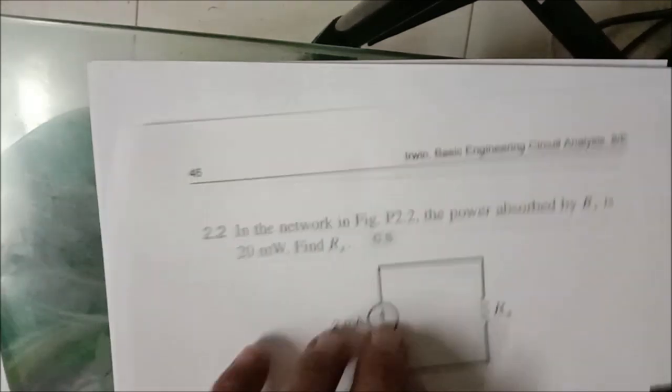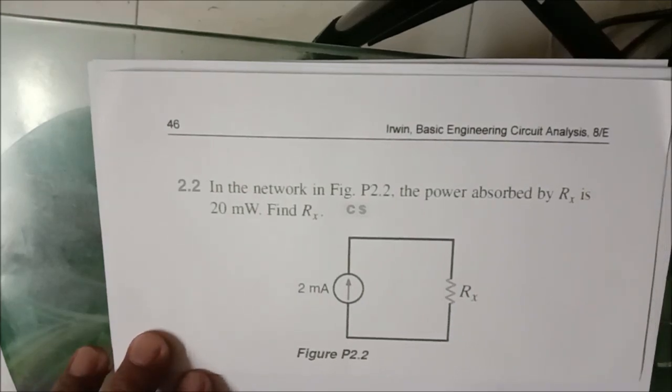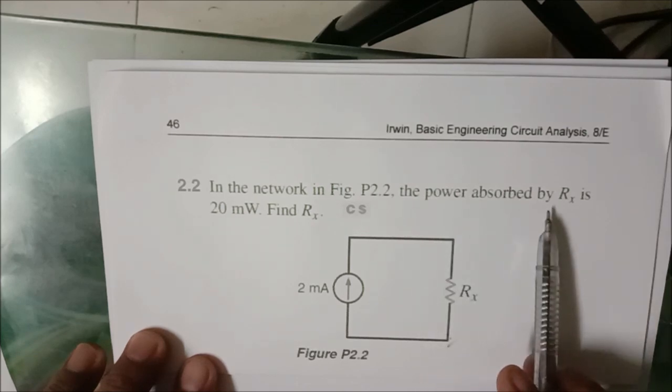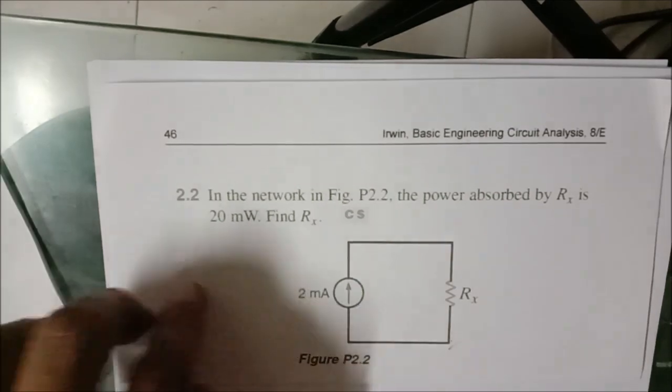Next. Number 2. In the network in figure 2.2, ito yung figure 2.2 natin, the power absorbed by R sub X is 20 milliwatts. Find R sub X. I-rewrite natin.